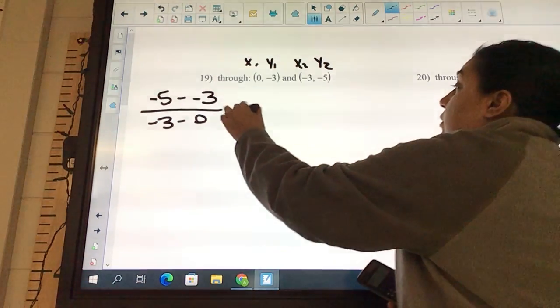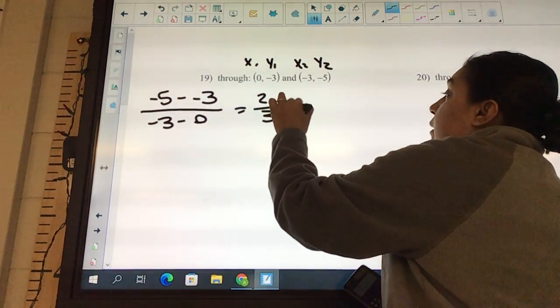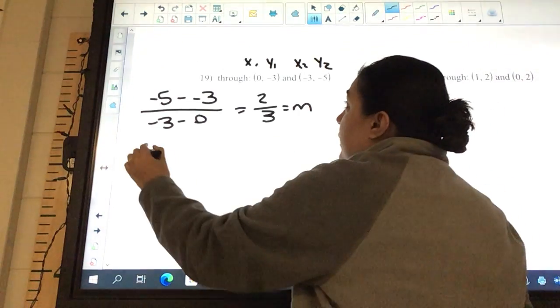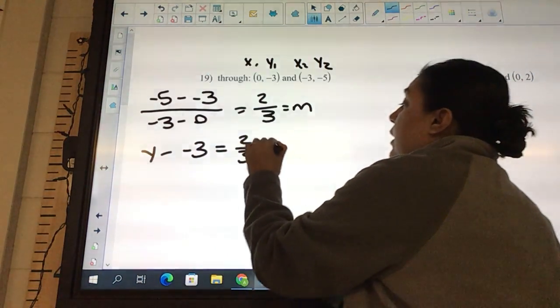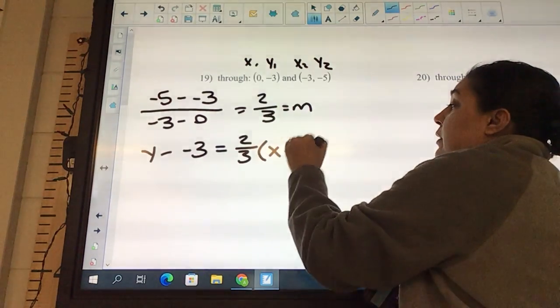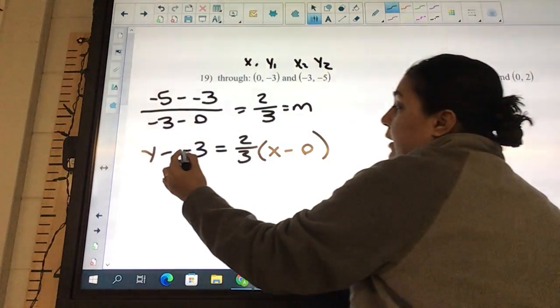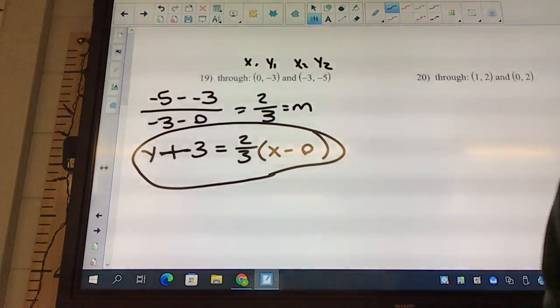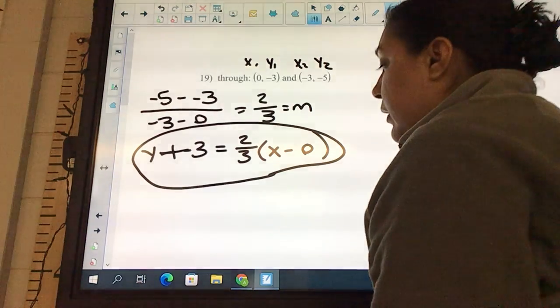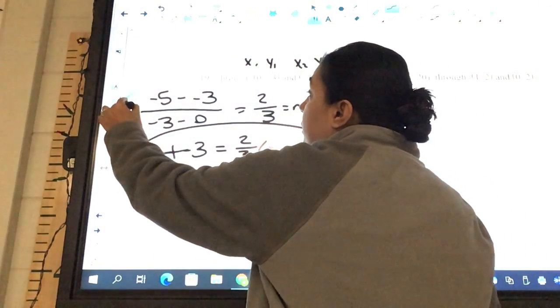You should get 2/3, and this is our m. So you're going to say y minus negative 3 equals 2/3 times x minus my x1, which is 0. And I need to change this minus minus into a plus. Hopefully you did that right. If you're totally lost and confused, like I said, please hop on Zoom.